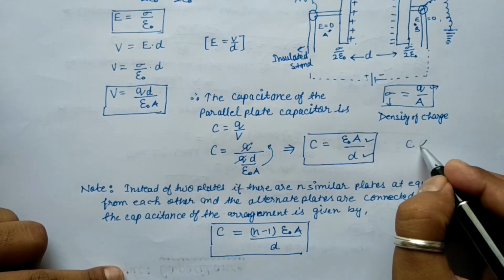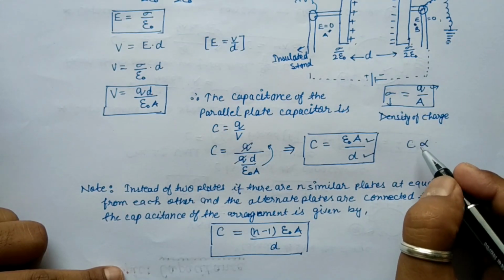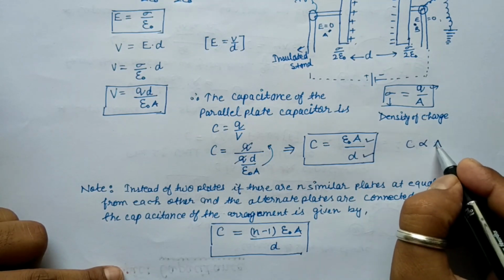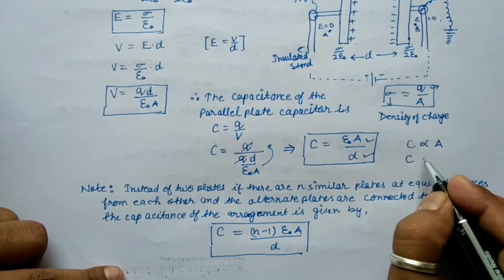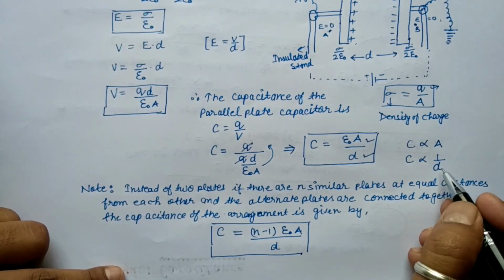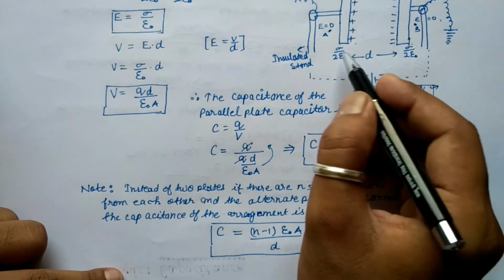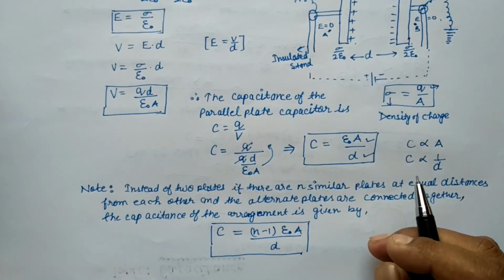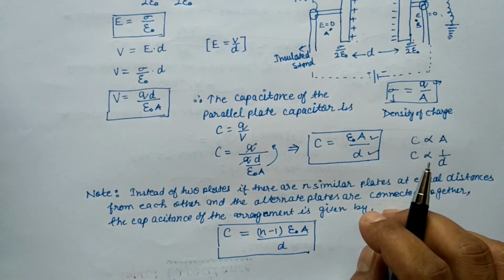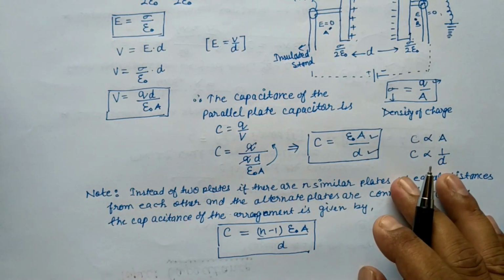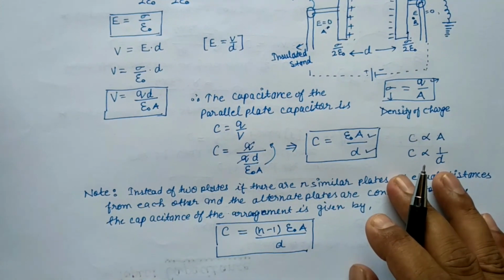Means that capital C, capacitance, is directly proportional to the surface area and inversely proportional to the distance between the plates. So guys, this is today's topic where we learn about parallel plate capacitor, what is capacitance, what is capacitor.